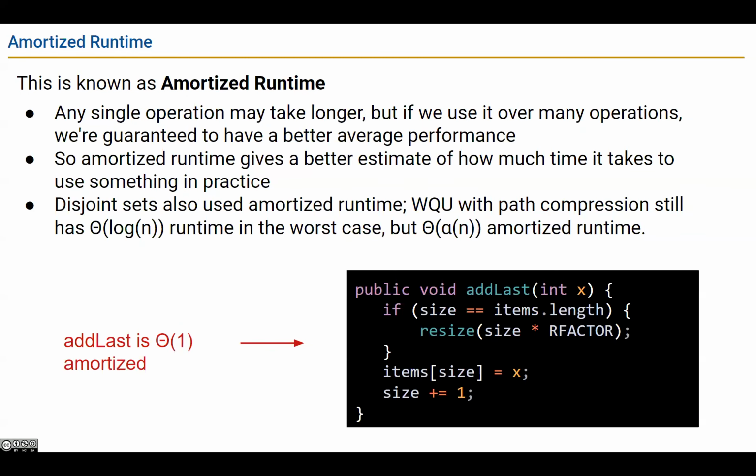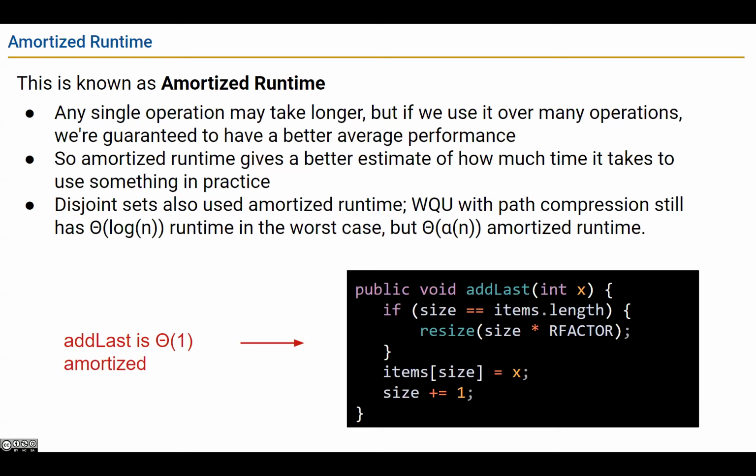So this is kind of why we end up using this multiplicative factor, because this asymptotic runtime is so much better. Now, this isn't worst case runtime, because the worst case is still theta of n. Every time you resize, you need to spend that really long time copying and pasting those values. But we can call this amortized runtime.